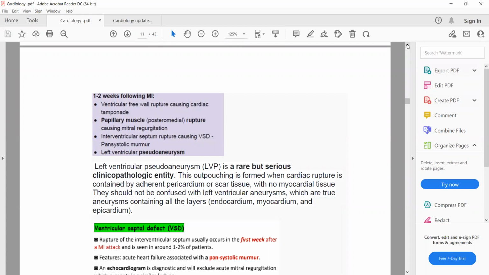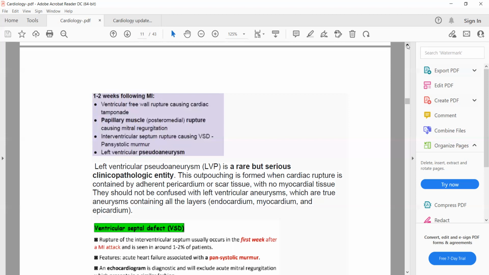So after 1 week, the scar tissue is formed, and it can lead to rupture of the scar tissue. 3 complications can develop due to a rupture of this scar tissue.